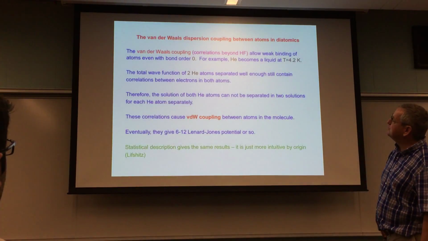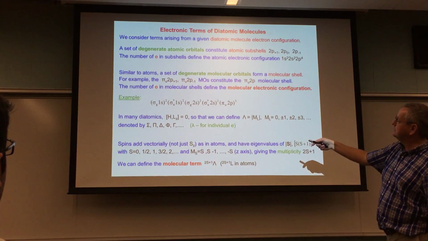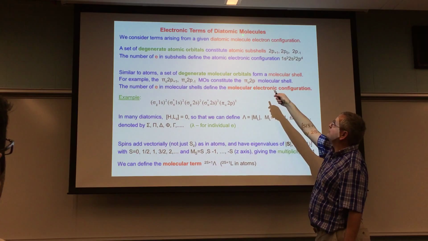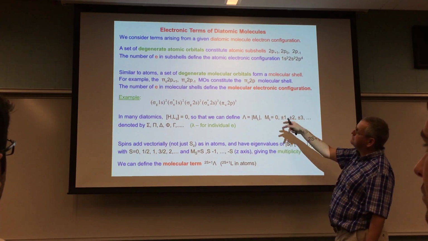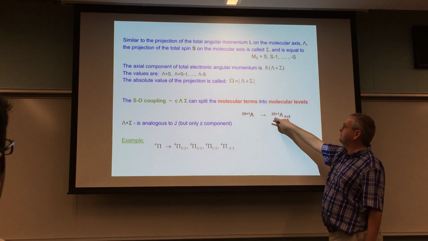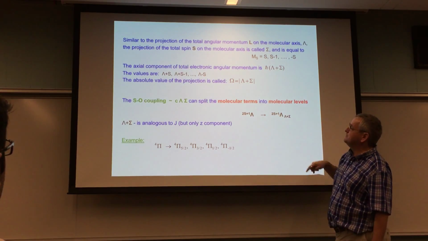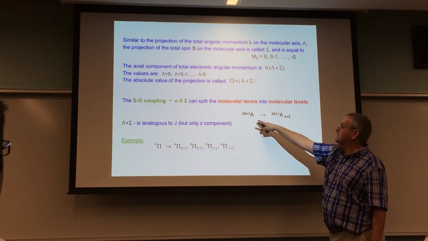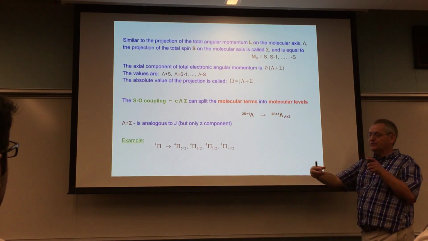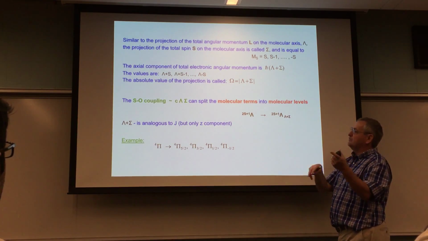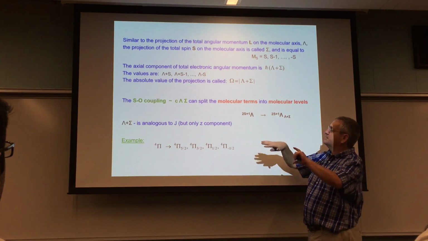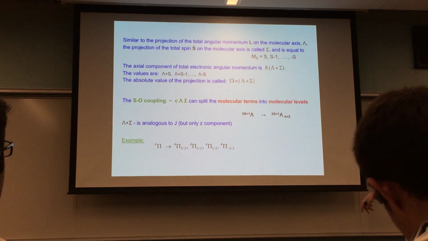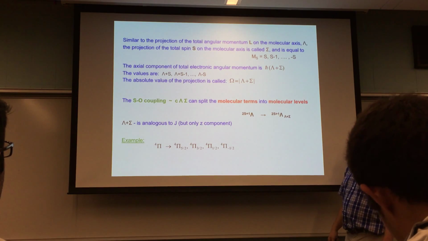This is the population, how we populate them, but we can then denote again, like in the atomic terms, electronic terms for molecules, and again build some kind of terms which would be stable, and states and quantum numbers which would be stable. For different molecules, the quantum numbers need to be defined differently depending on the symmetry of the molecule, if it's diatomic or has different symmetries. So there would be different kinds of quantum numbers more appropriate according to the symmetry, and then those states would be stable and spectroscopically visible.